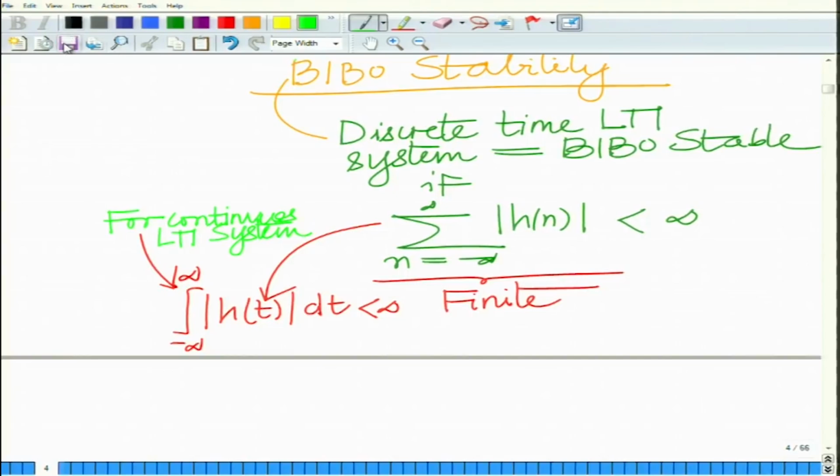Similarly, the equivalent for a discrete LTI system is that summation n equal to minus infinity to infinity of magnitude of h of n should be finite, that is, strictly less than infinity.